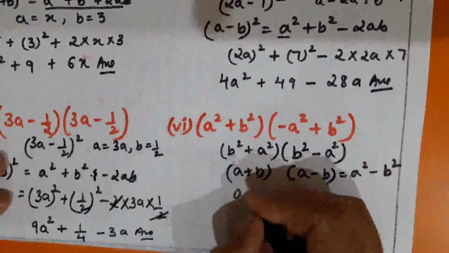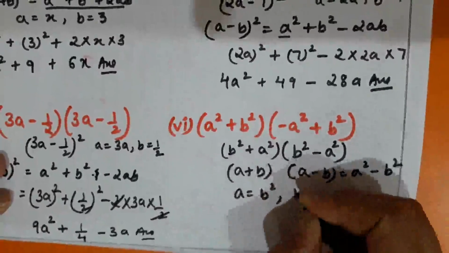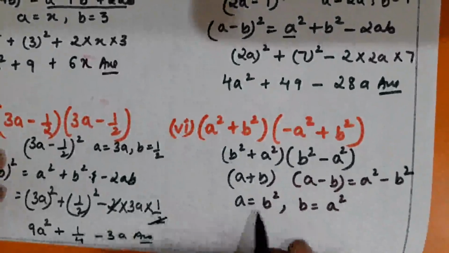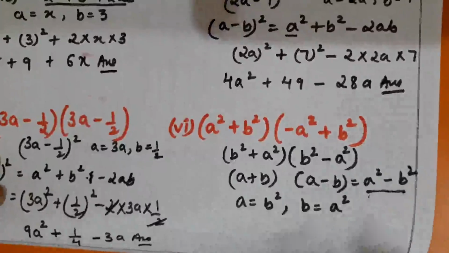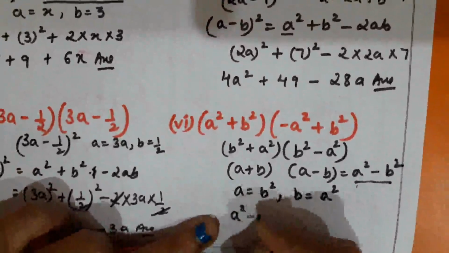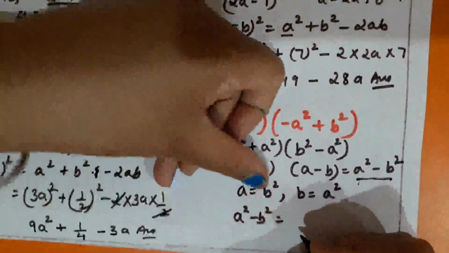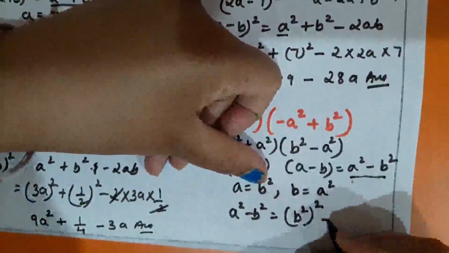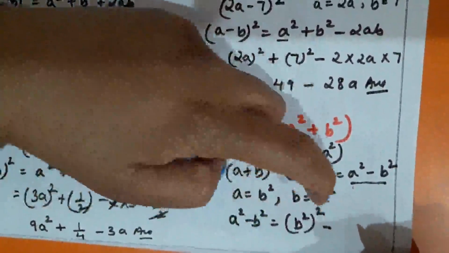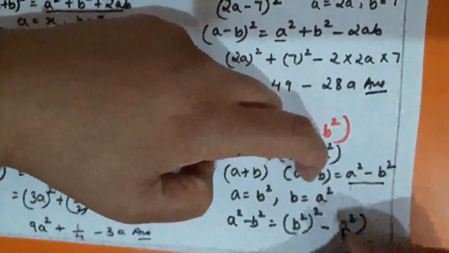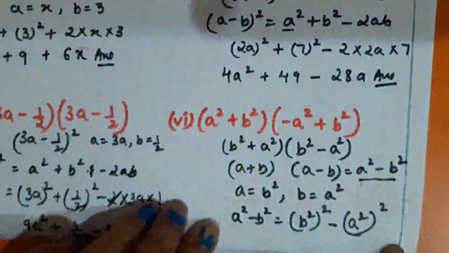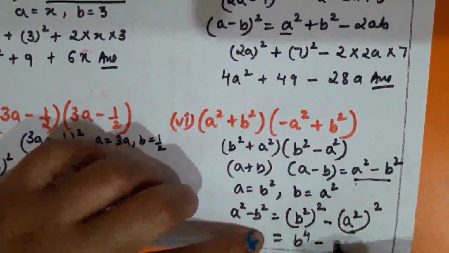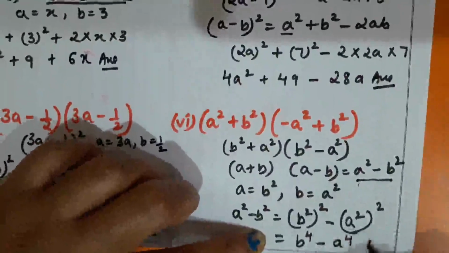Okay, now a is b² here and b is a² here. Now put these two values inside this formula. Okay, so a² − b² means a² value is b², (b²) whole square, minus b² value is a², (a²) whole square. Now open the powers. (b²) whole square means b⁴ minus a⁴. So this will be your answer.